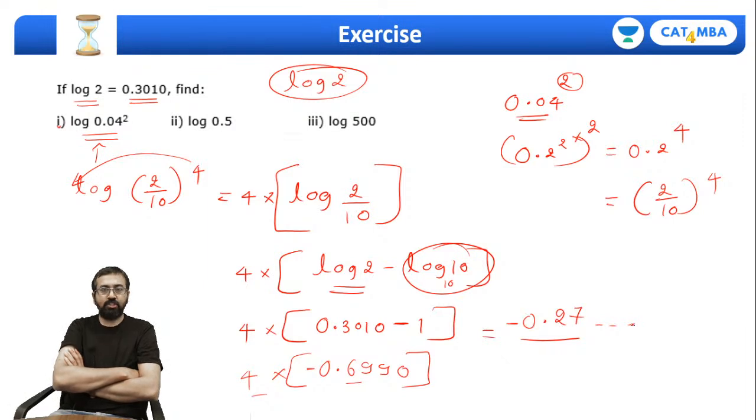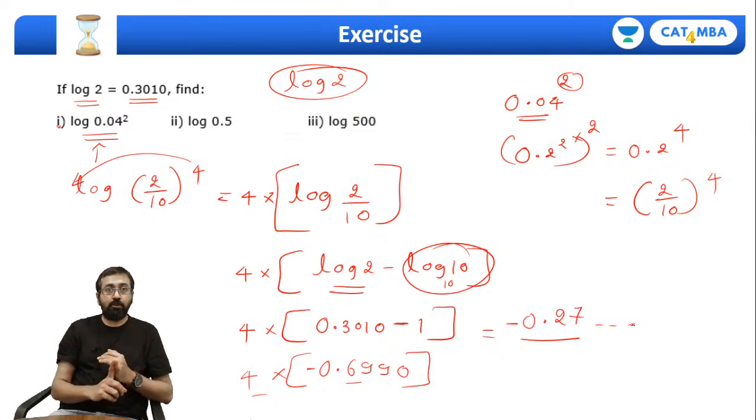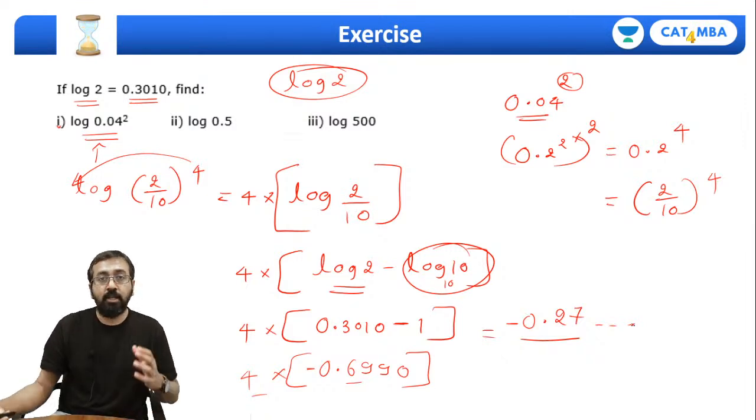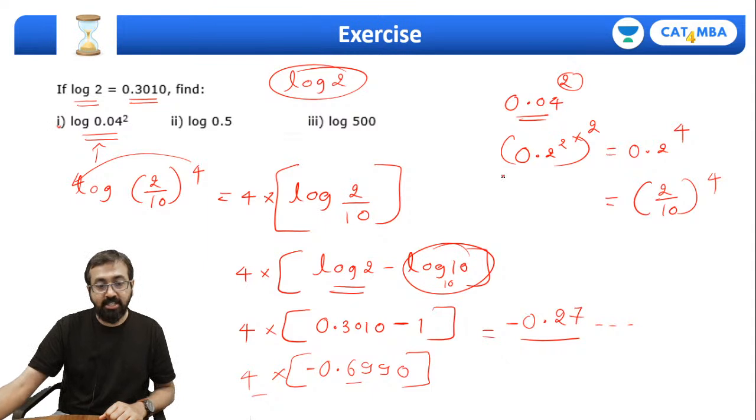Guys, have you understood this question? See, please understand how many different rules we have applied. We have used the concept of logarithm. We have applied one rule of logarithm, one law of logarithm, and we also used those rules of indices. So our decimals and indices should be very, very clear. Only then can we solve it.